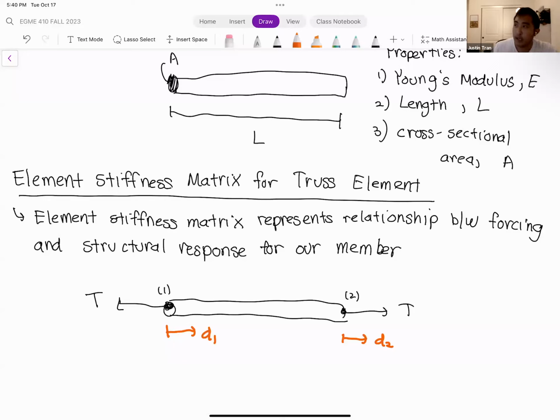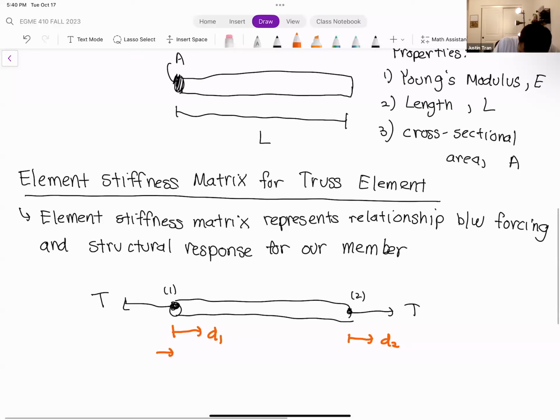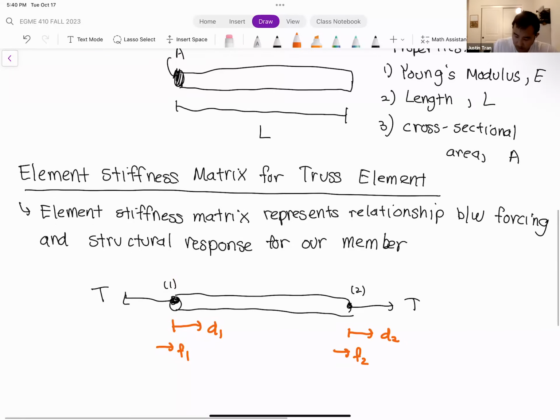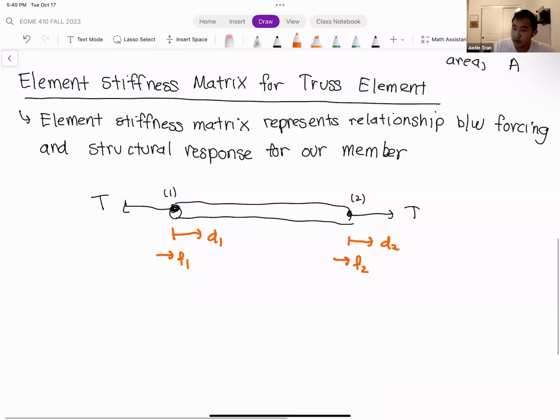For our element stiffness matrix, we also need to represent the forces acting on each node. F1 and F2 represent the forces being applied on the node on the left and the node on the right. Let me go ahead and write this down. So D1, D2.